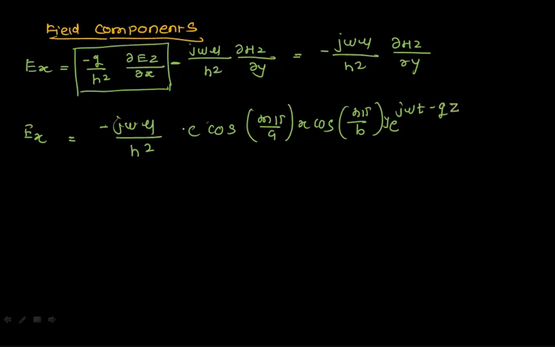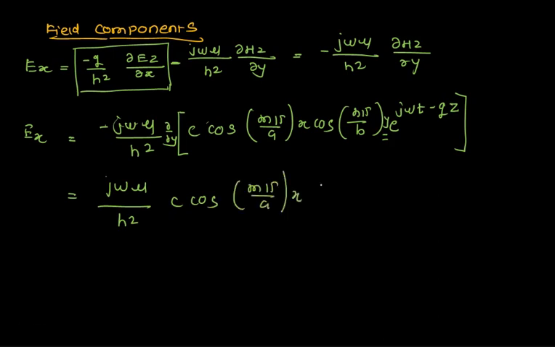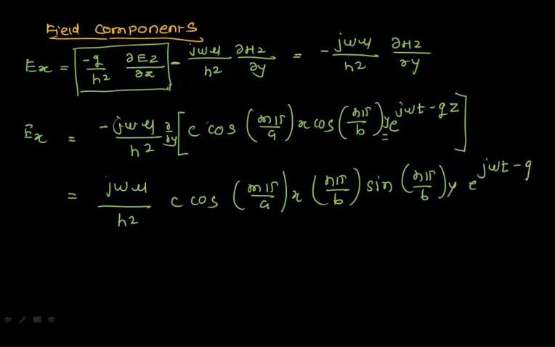The derivative is with respect to y, so d by dy. The cos term with respect to y gives a minus sine, that's why the sign will change, giving h square C cos of m pi by a x and sine of n pi by b y e raised to j omega t minus gamma z.